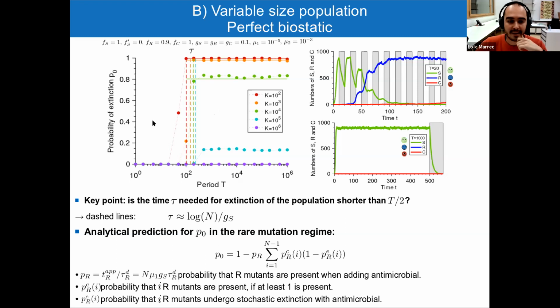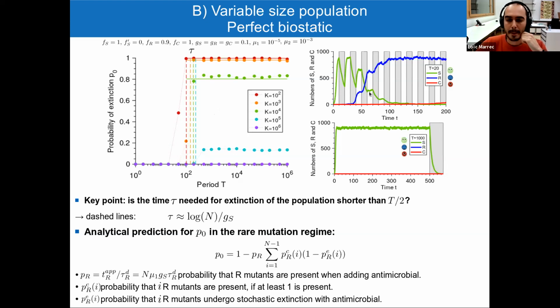As you can see, we can observe two different regimes: one for the short periods where the drug fails to eradicate the population, and a regime where the drug is more or less efficient depending on the population size.